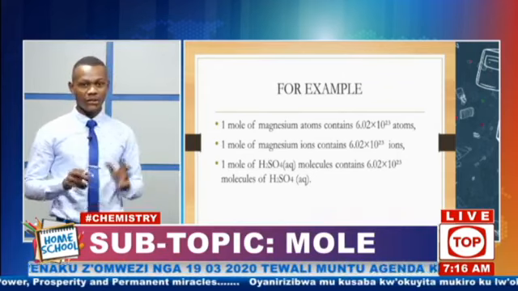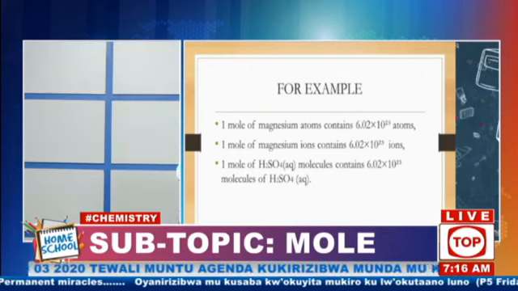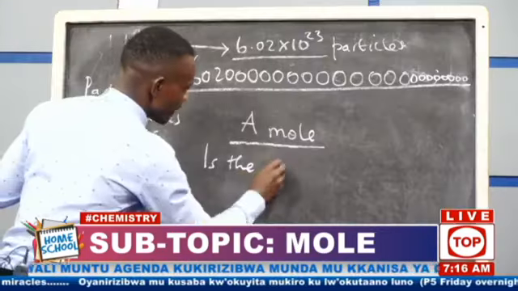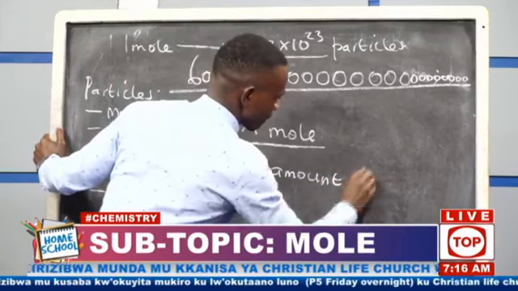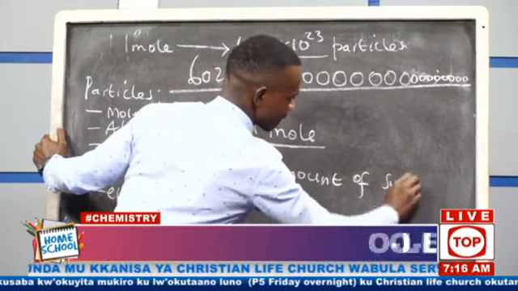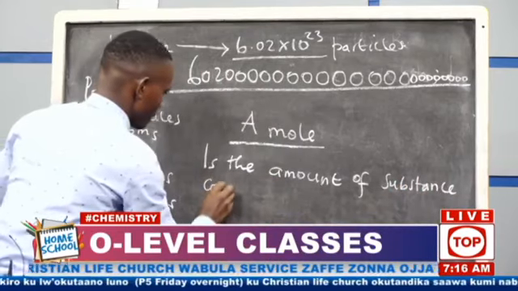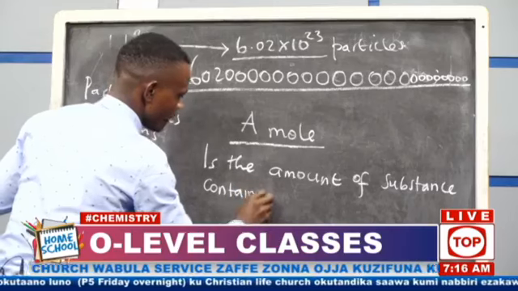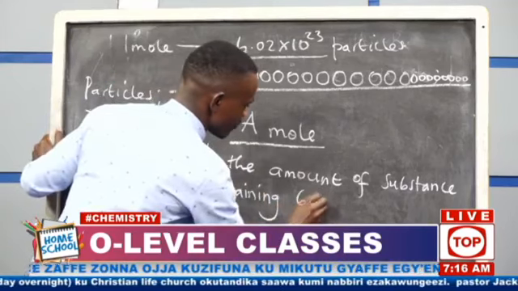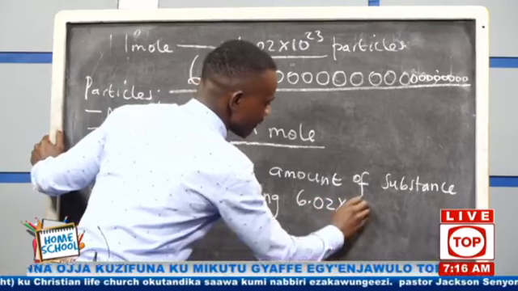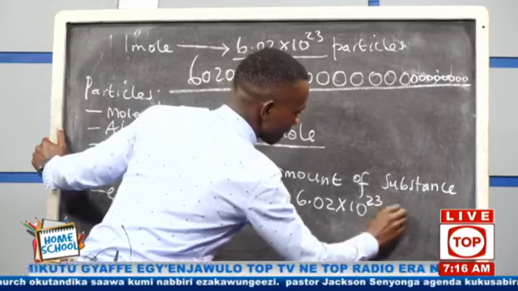But from what we have seen, we have come to know that a mole is the amount of substance containing 6.02 times 10 power 23 particles.